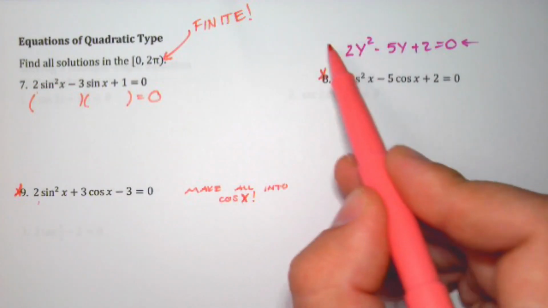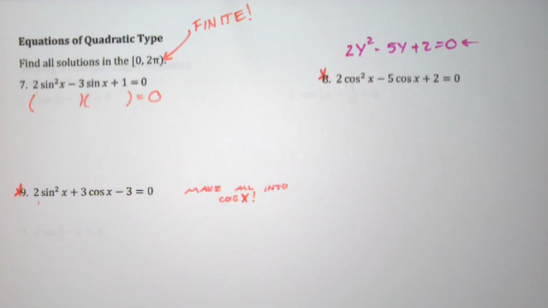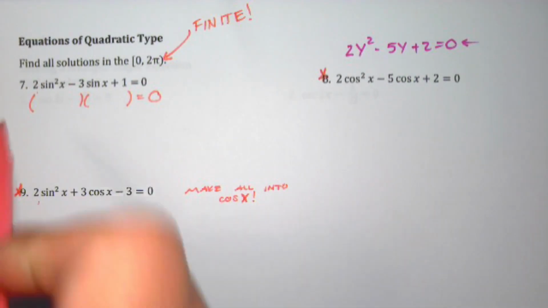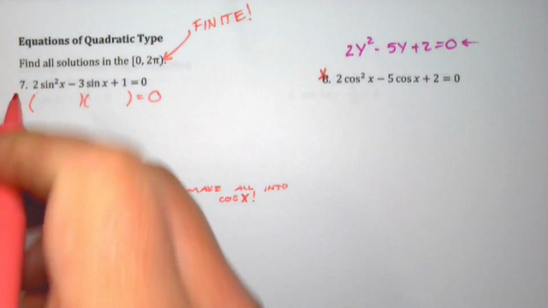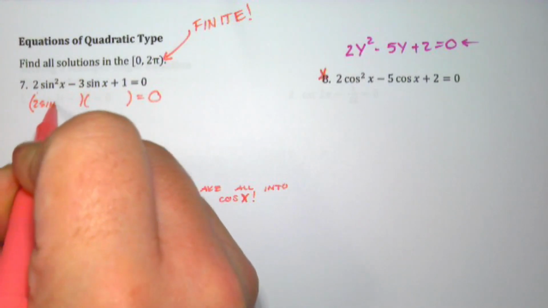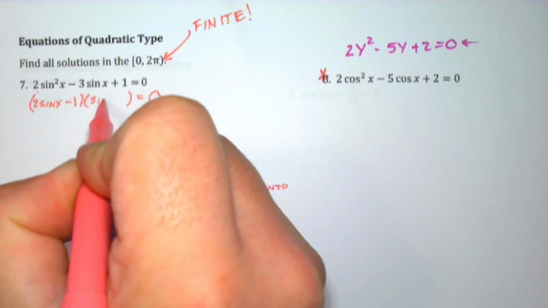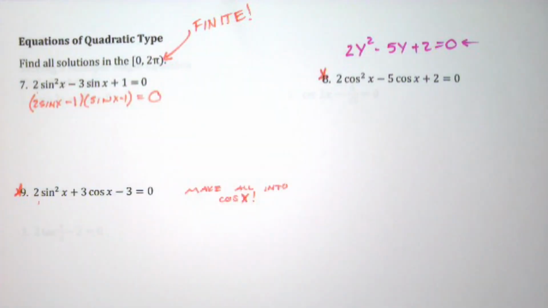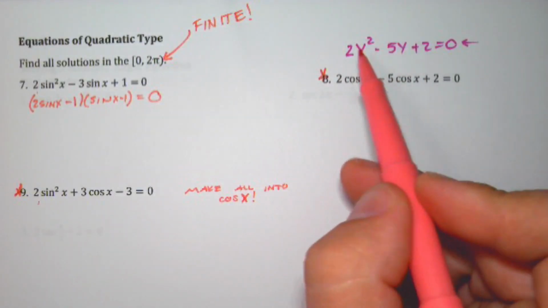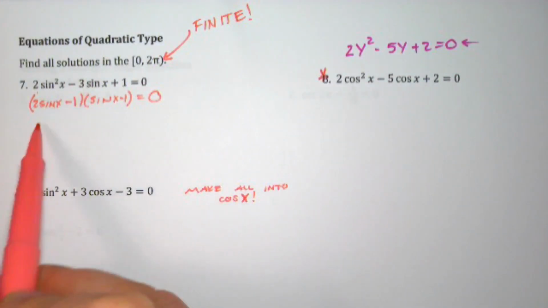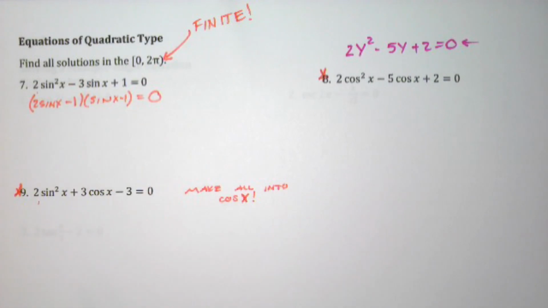If you need to write that off to the side and work it out that way, feel free to for now. For me, I'm going to keep it just with the trig. But this factors nicely for us as 2 times the sine of x minus 1 times sine of x minus 1. Now again, as we factor in quadratics, we can set each of these equal to 0.